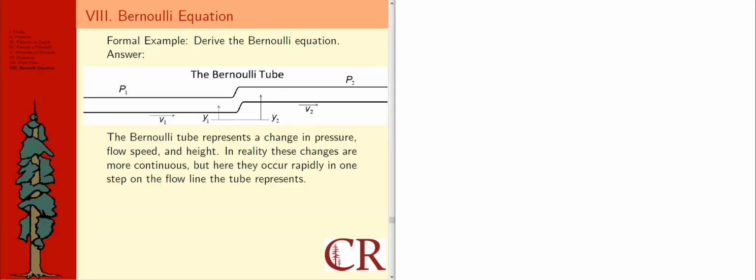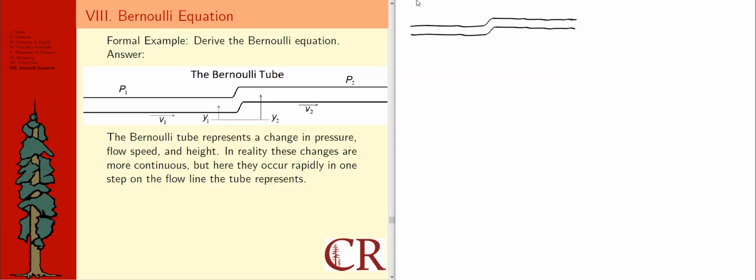Let me go ahead and start to bring this into the whiteboard here. To help me out, I pre-drew a version of the Bernoulli tube because I thought it would take a while to draw during the recording. So I did that ahead of time.